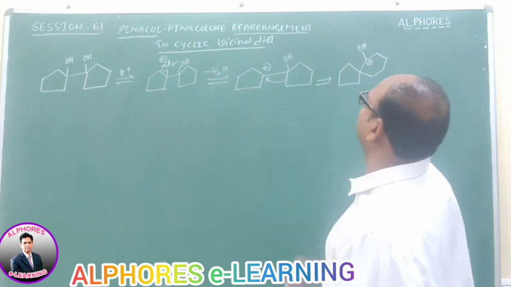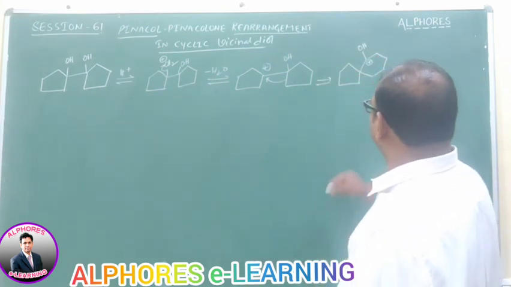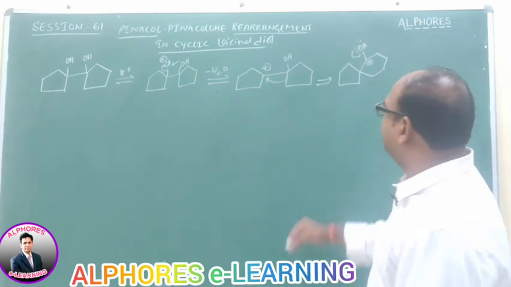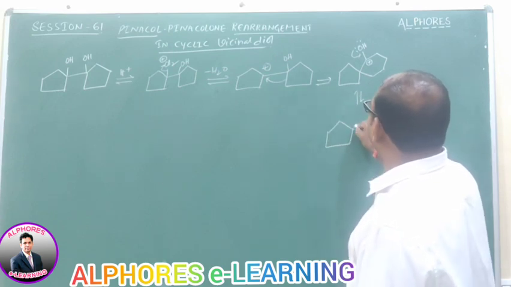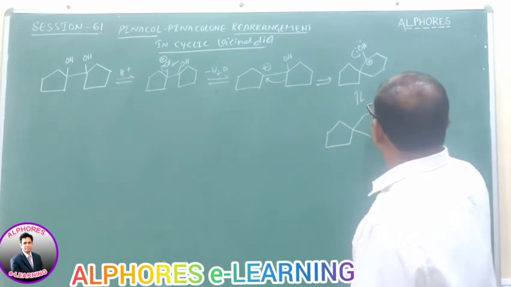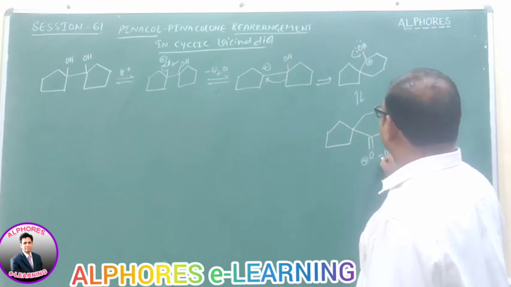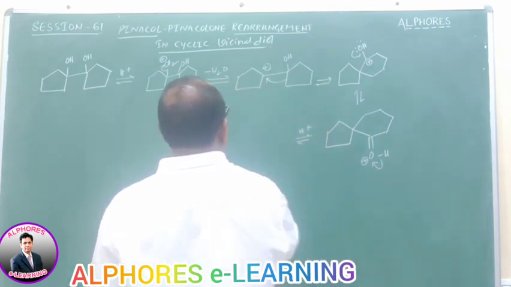Now this carbon, the same OH-containing carbon, bears the positive charge. Later, as you know very well, these electrons will be given to the positive charge. Then we get a double bond, OH2 plus, and in the next step this H plus comes out.